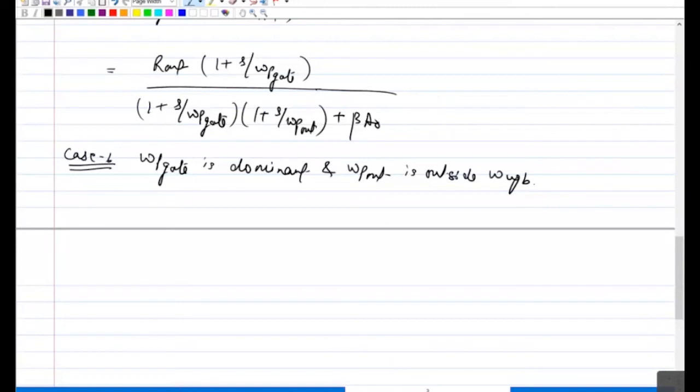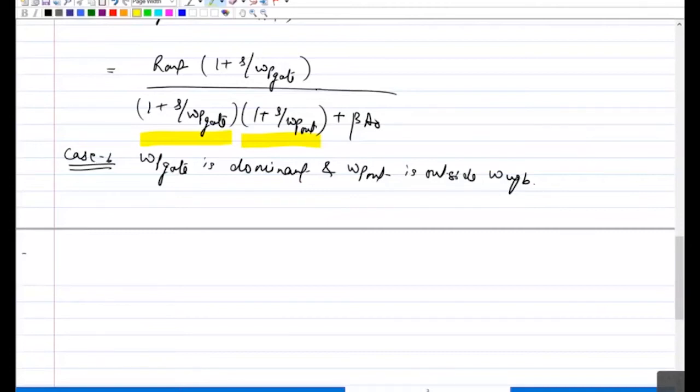Which terms? In the denominator, you have two S terms. Out of these, which one will be dominant inside UGB? Omega P out term or omega P gate term? Which one will be dominant?